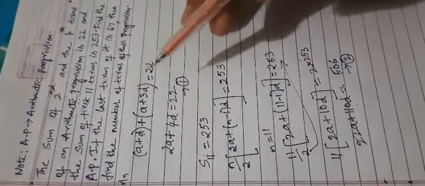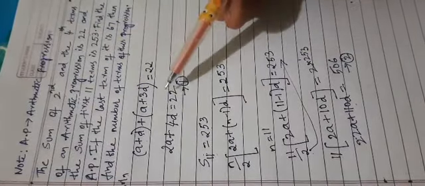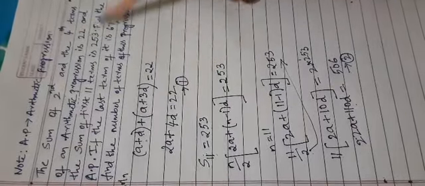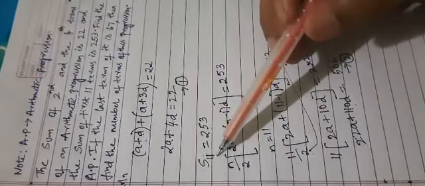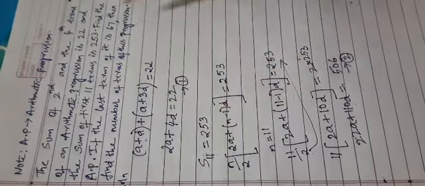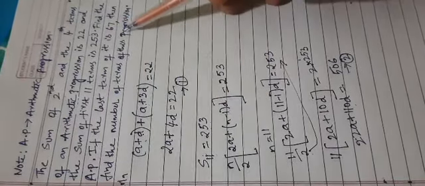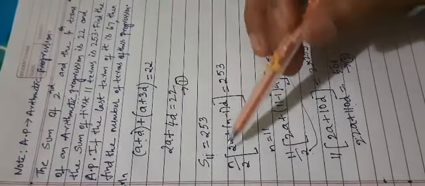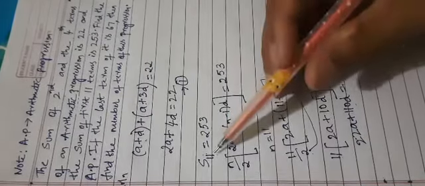Now, what we have done up till now is that the sum of second and fourth term, second term is a plus d, fourth term is a plus 3d, sum is equal to 22. So this is equation 1. Next, sum of first 11 terms, S11 is equal to 253. Using the Sn formula, n by 2 into 2a plus n minus 1 into d, in the place of n it is 11.